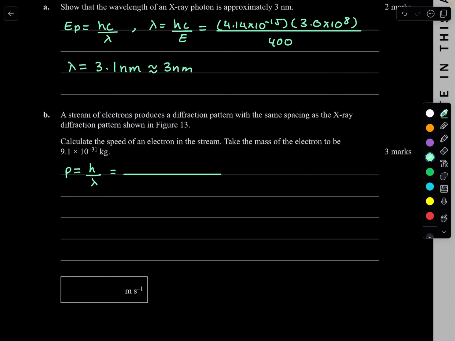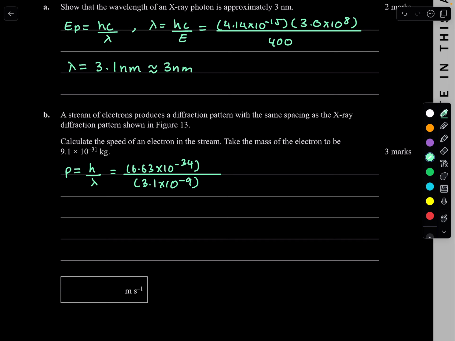So h, we want the original h, so 6.63 times 10 to the negative 34, divided by your lambda, which is 3.1 times 10 to the negative 9 meters.